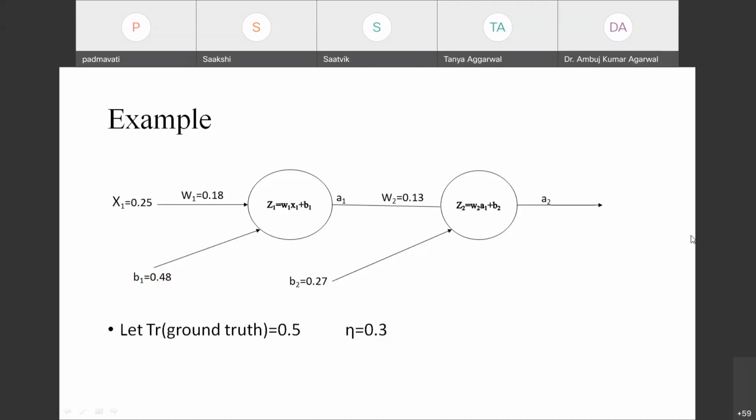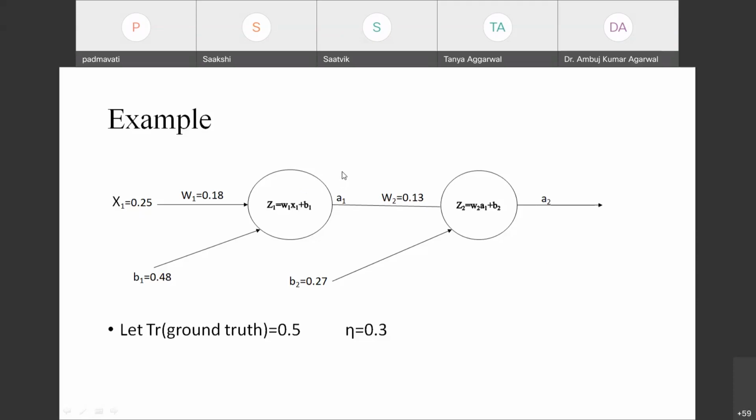One person has done. Yes, Z1 is correct, that is 0.525. Someone has computed Z1 for us, so you can consider 0.525 because it's correct.